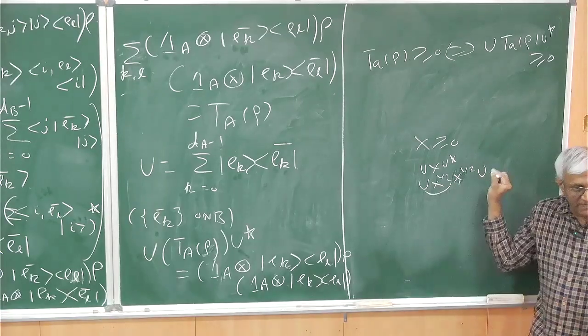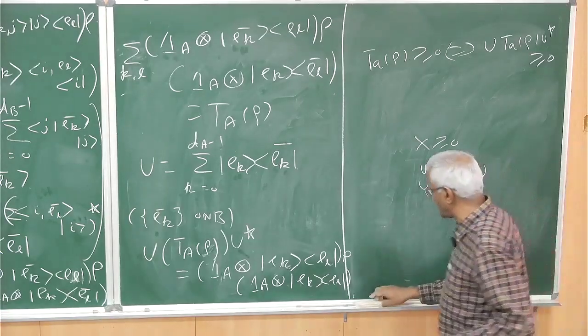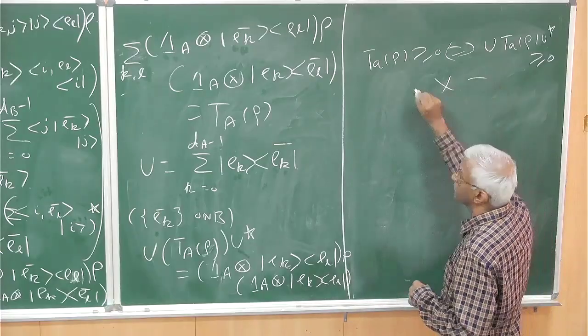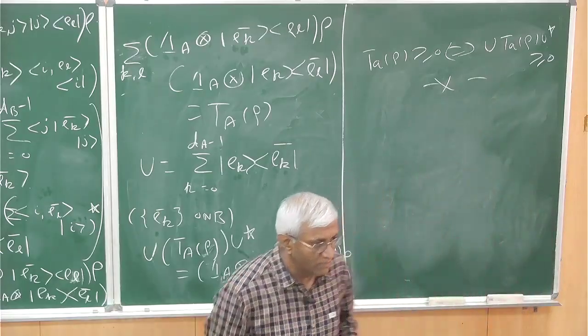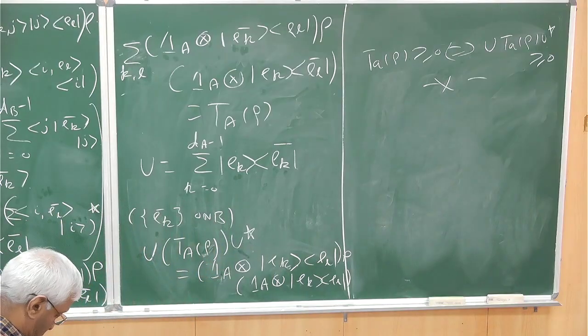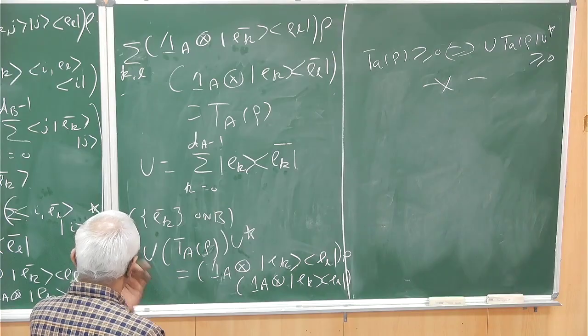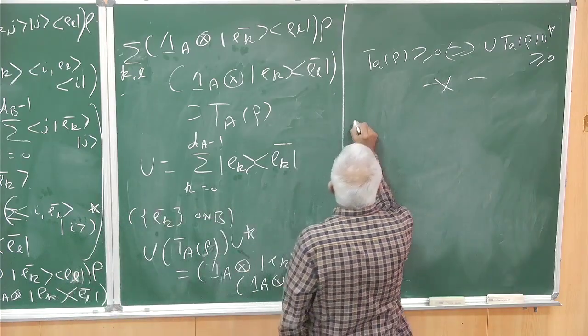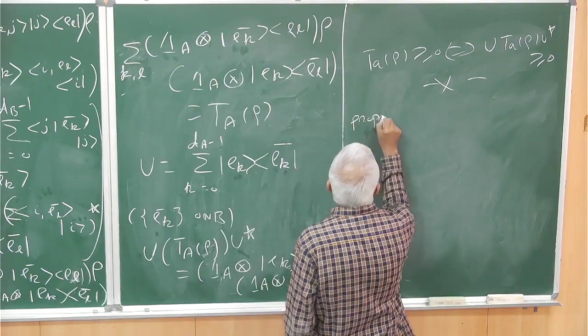So this is in the form of Y star Y, and because of that, it's positive. So we have proved the proposition. This says that PPT does not depend on the orthonormal basis.